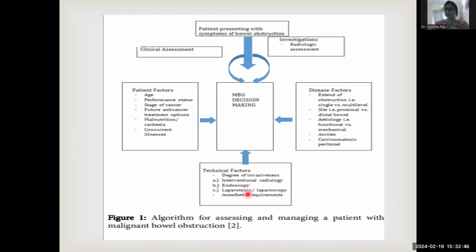One, age of the patient. As much as I have put age as number one over here, what I need to emphasize is that age is just a number. What is most important is the performance status of the patient.